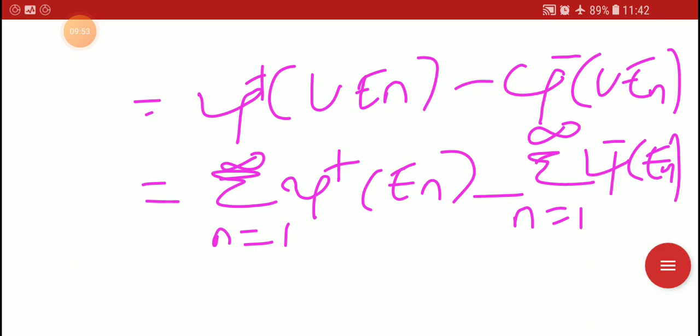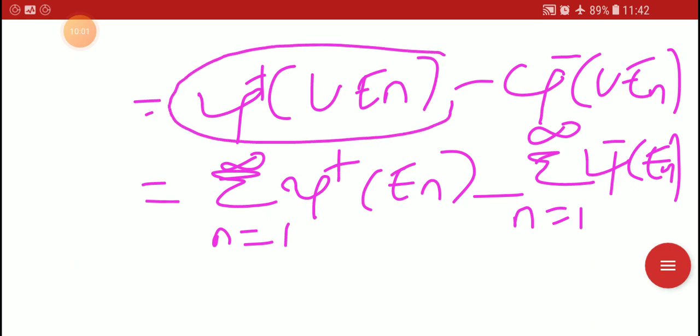Therefore, by using the property of measurable functions, psi plus of union of E_n can be written as summation of psi plus E_n minus summation of psi minus E_n.